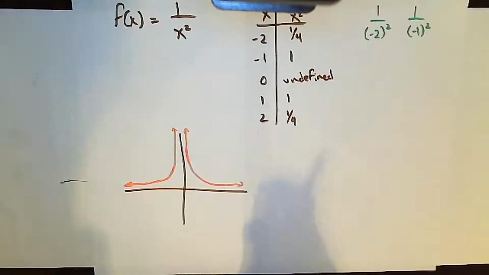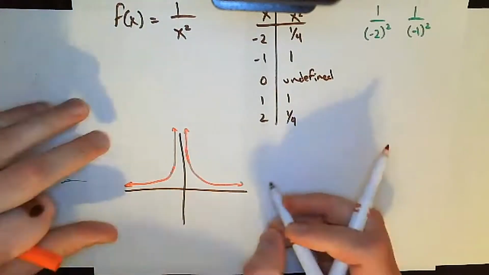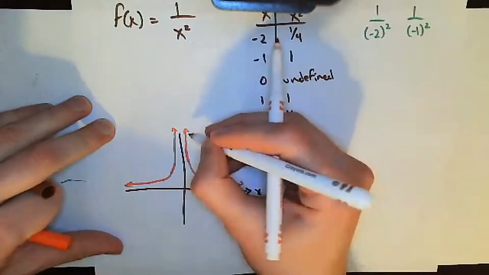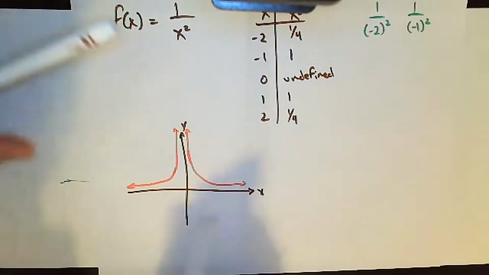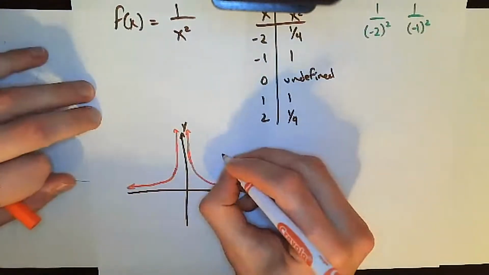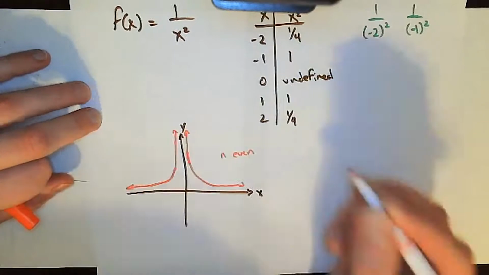Not crossing the axes. That's a big point to make too. Not crossing either of these axes. It's not touching the axes at all. And this is for when n is even.